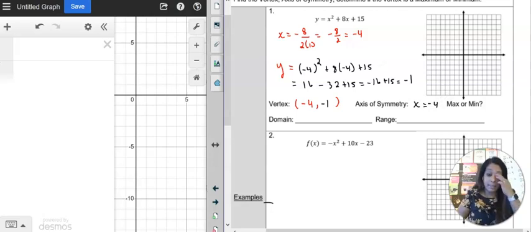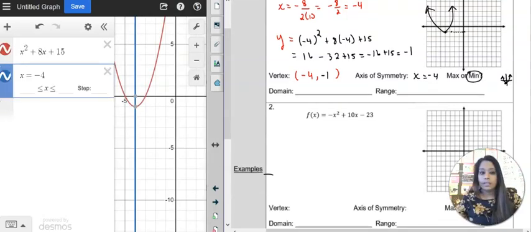And since A is positive here, which means the parabola is going to go up like that, it's going to have a minimum. Okay? Alright guys, so the last thing I want to talk about is the domain and range. So domain basically is your x-axis. We're trying to look at how much of the x-axis fits the graph that I have there.